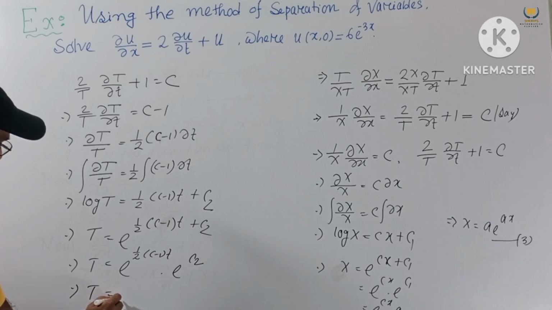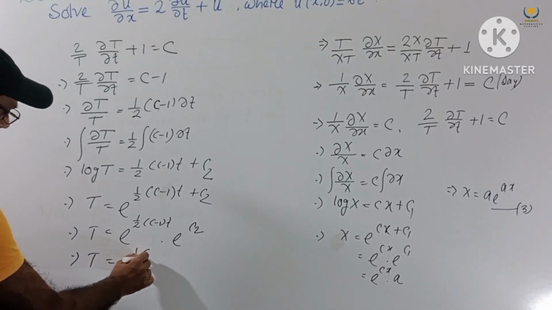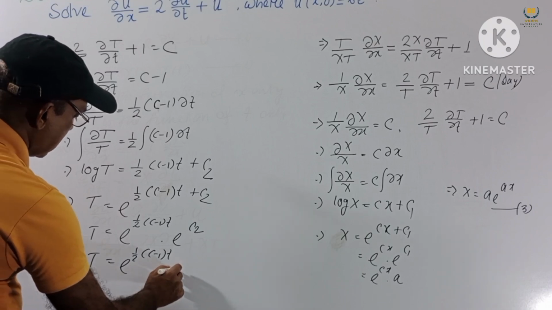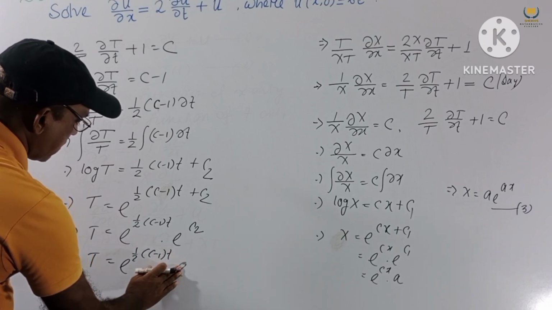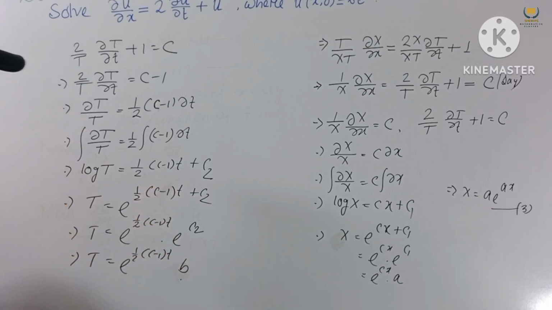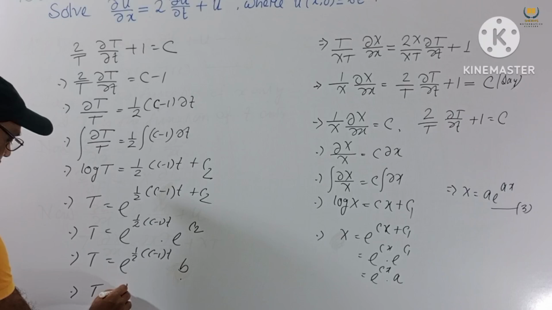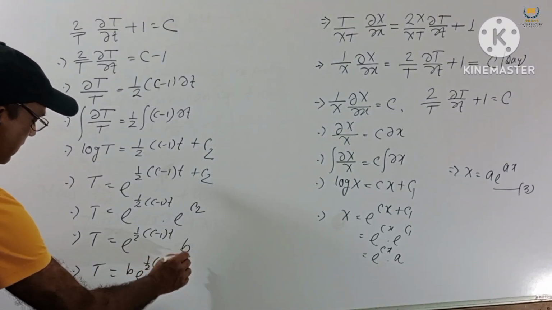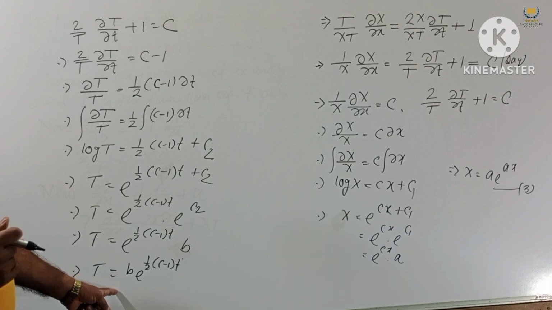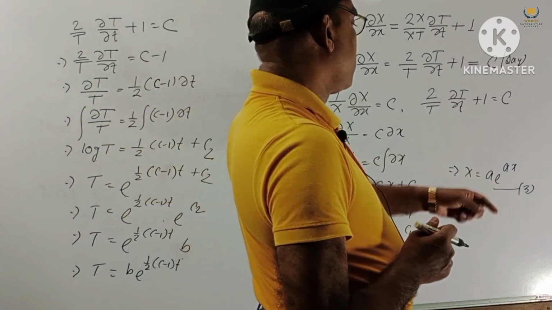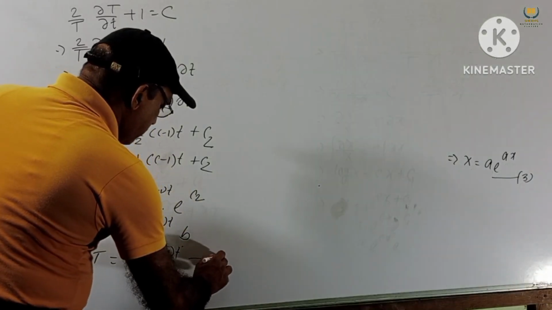Then T = e^(1/2 (c−1) t) and this e to the power c2, this one you consider b. So what we get, T = b e^(1/2 (c−1) t). We get this one, T equals this and X equals this. So this is number 4.